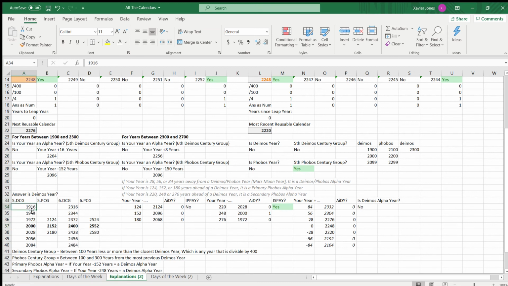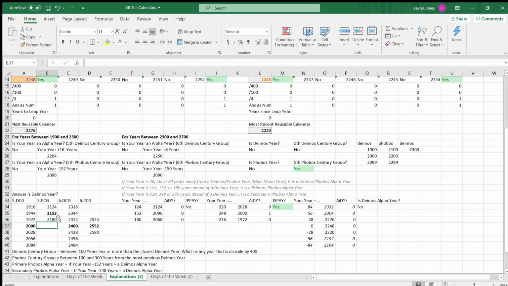So 1916, 1944, 1972, 2028, 2056, 2084, those are all alpha years within our Deimos century group. Now, there are more alpha years within this period, but not all of them are visible. I could move these up and then enter the other ones.